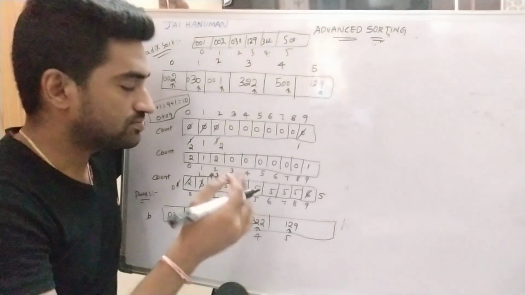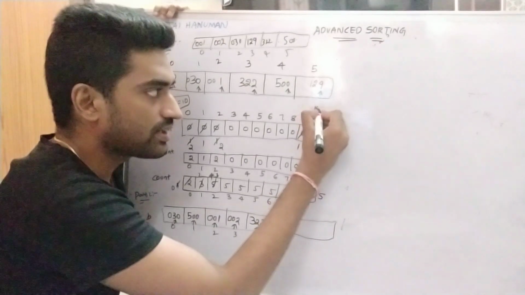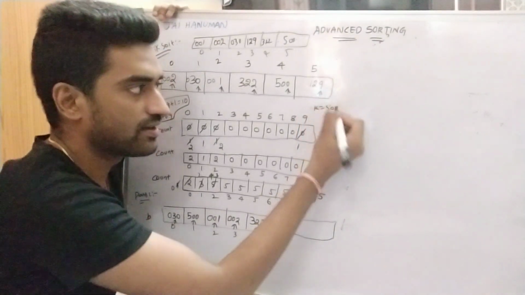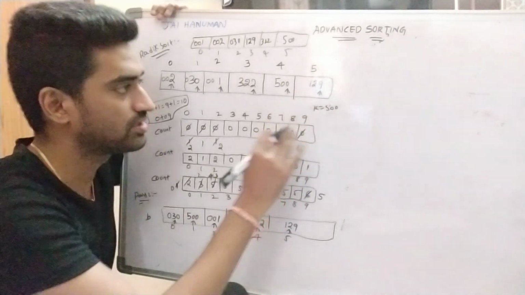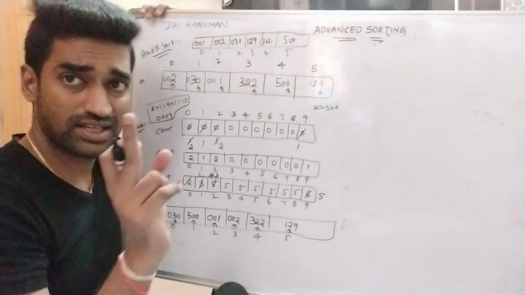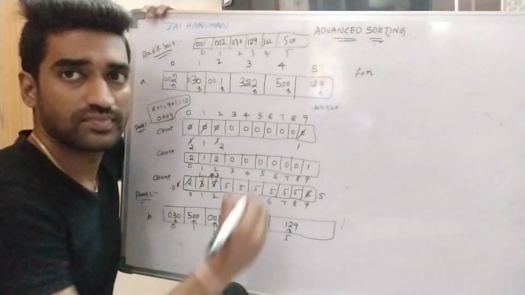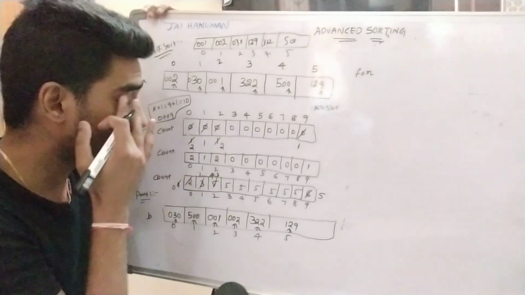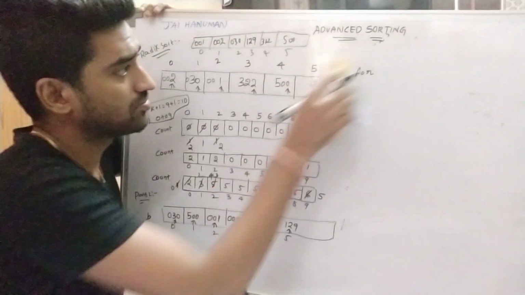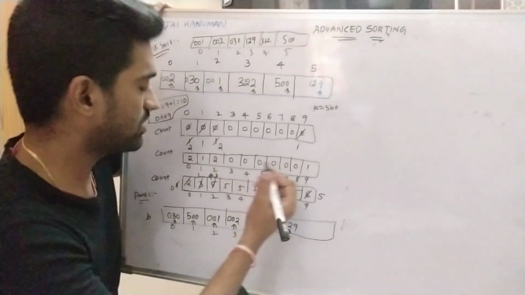First of all, we find the k value. k is 500, so we apply radix sort based on digits. Here we compulsorily create one loop for the count array updation.